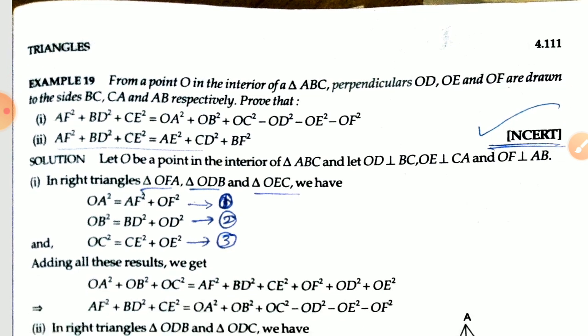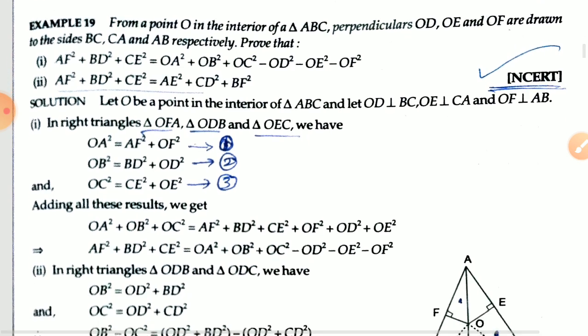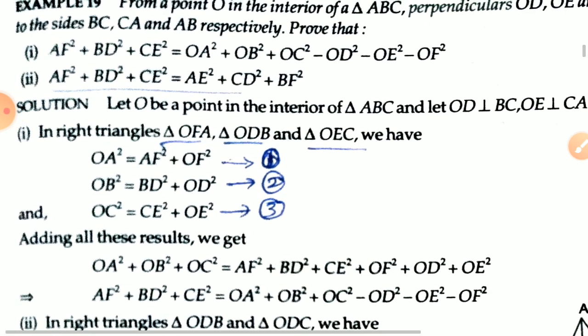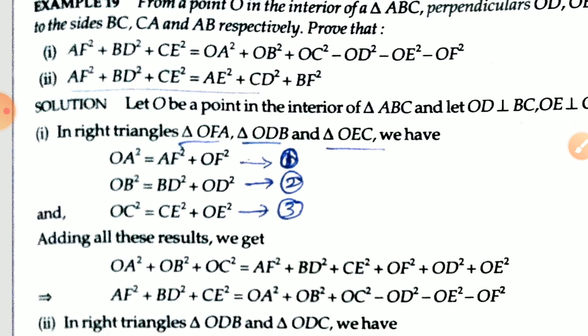It is given that from a point O in the interior of triangle ABC, perpendiculars OD, OE, OF are drawn to the sides BC, CA and AB respectively, and prove that first, AF square plus BD square plus CE square is equal to OA square plus OB square plus OC square minus OD square minus OE square minus OF square.